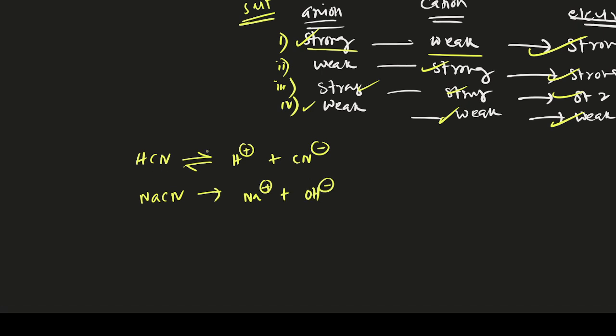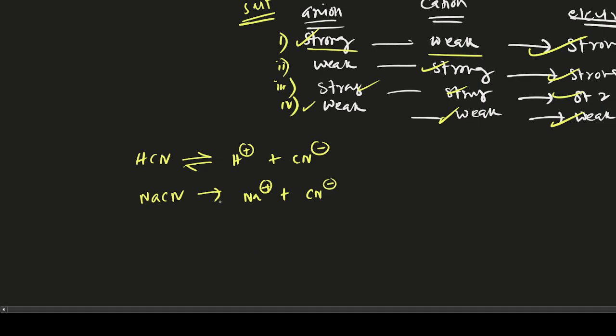So when we give both arrows, that means weak, and if you give one arrow, it means completely dissociated, so that we represent strong electrolytes.